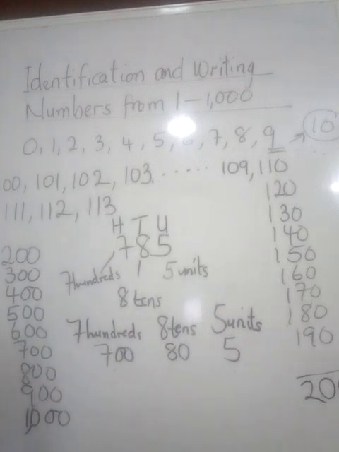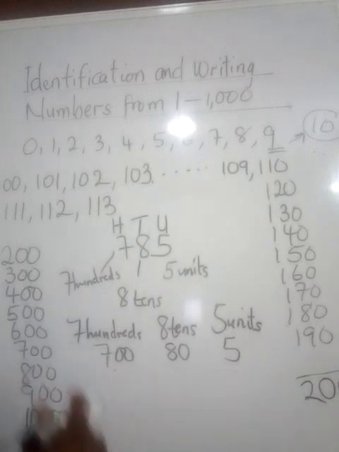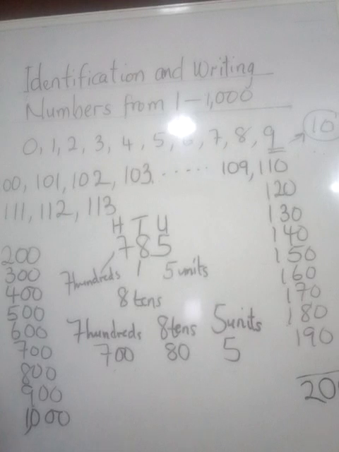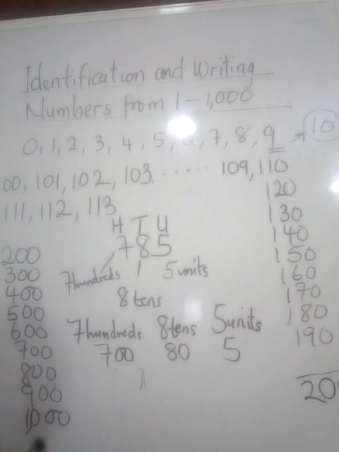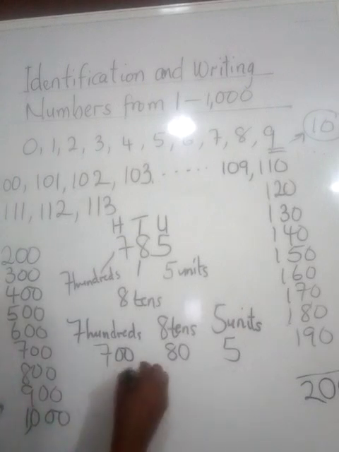Now this will lead us to expanded numbers. I'm just trying to hold back a little bit so that we don't jam too many concepts or sub-concepts together as we are exploring this particular side of the lesson. But if you need to add this together, you add 700 plus 80 plus 5.